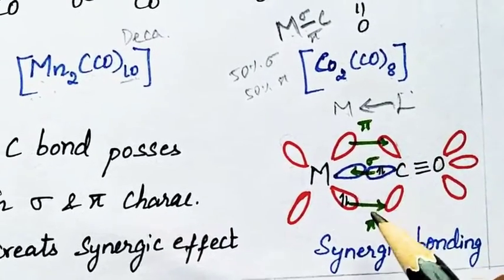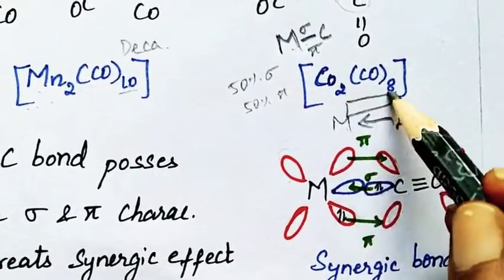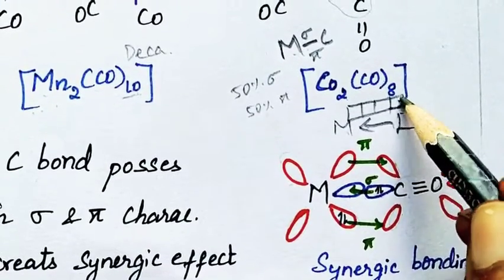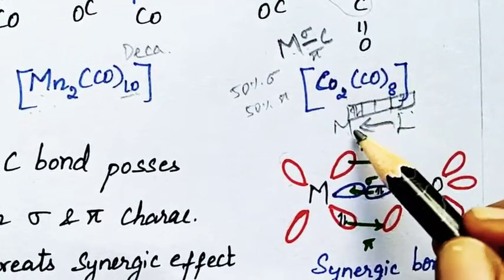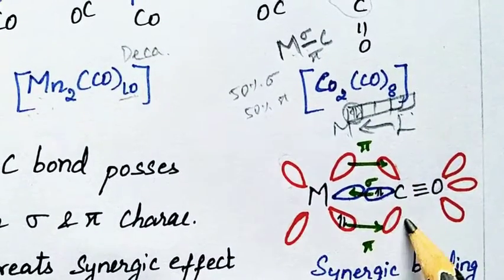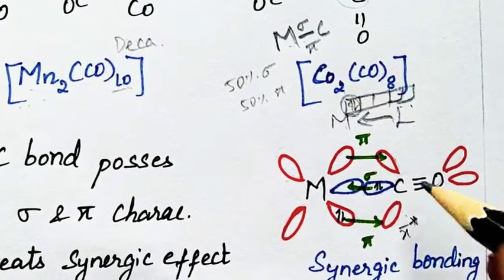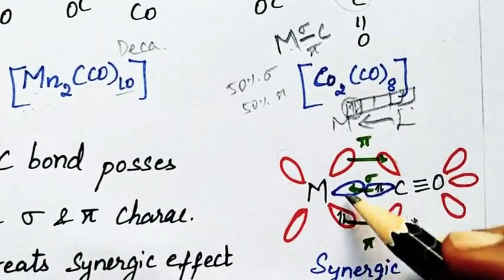Whereas there is another possibility: the metal contains filled orbitals, and from that orbital it may donate electrons to the anti-bonding orbital of the ligand. So this is a pi bond.